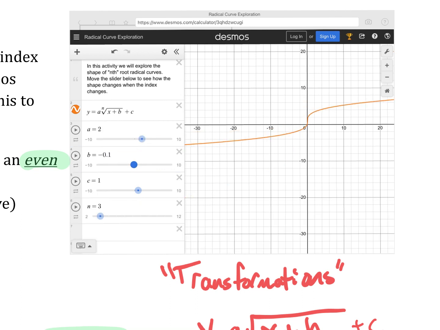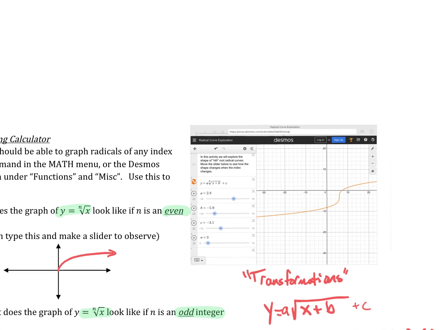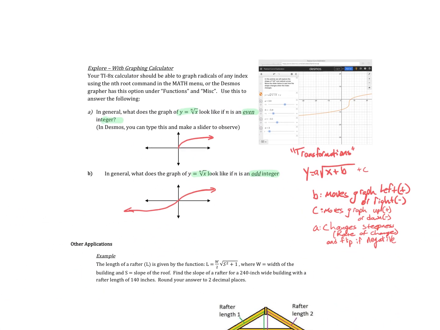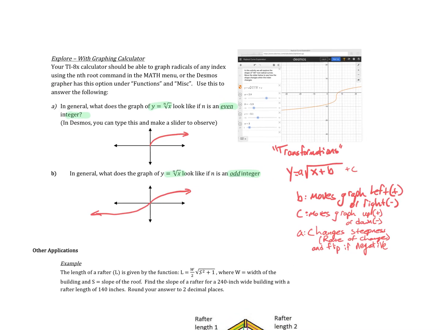So if we make this 0, maybe we'll make A 1. So you can explore this and notice what happens when B is the number that moves it left and right. See that? C moves it up and down. And A changes the shape. All right? So there it all is. So we'll see that a whole lot more as we look at some other functions, okay?